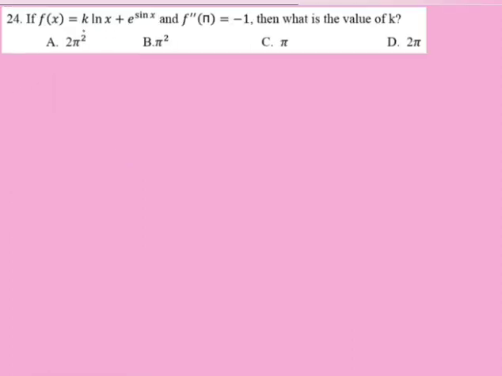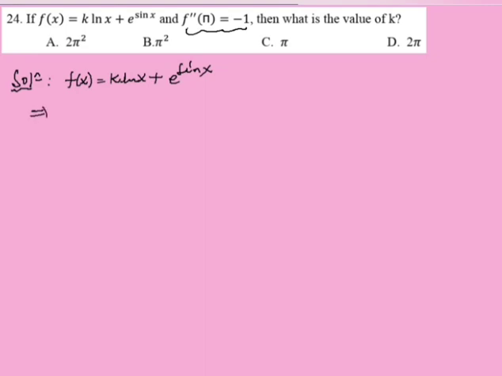If f of x is k ln x plus e to the power of sine x, and the second derivative at pi is minus 1, then what is the value of k? So let us first determine the second derivative. F of x is k times ln of x plus e to the power of sine x.